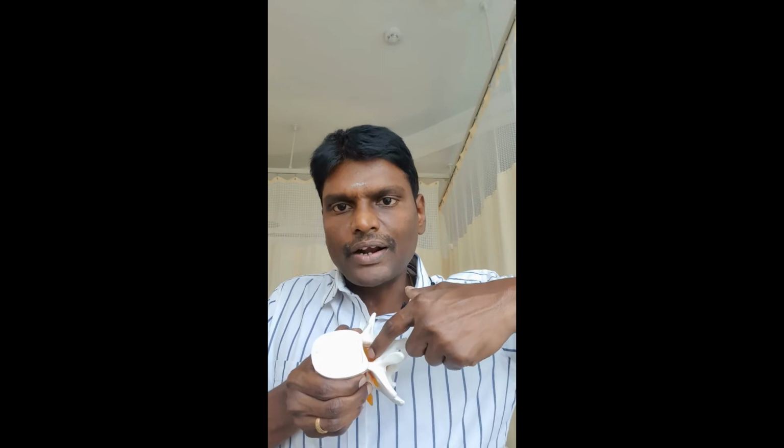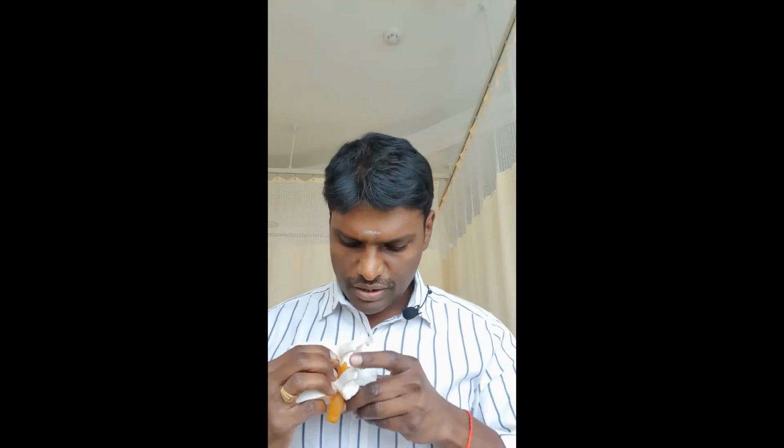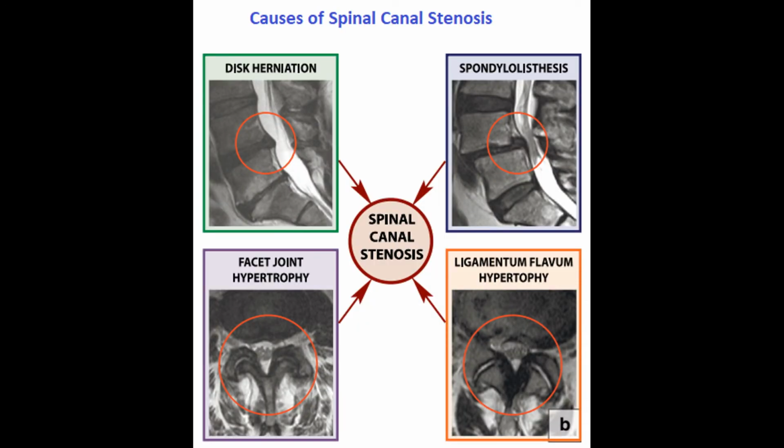The canal stenosis can happen due to central disc herniation, or buckling or hypertrophy of the ligamentum flavum, or facet joint arthropathy or hypertrophy, or anterolisthesis. These are the 4 common reasons for central canal stenosis. The other uncommon reasons for canal stenosis are fracture, infection, TB spine, or tumor, which can cause congestion of the spinal canal.